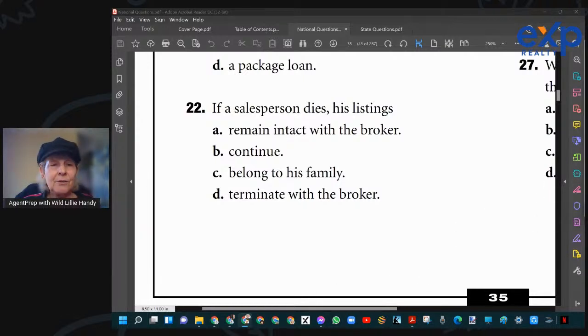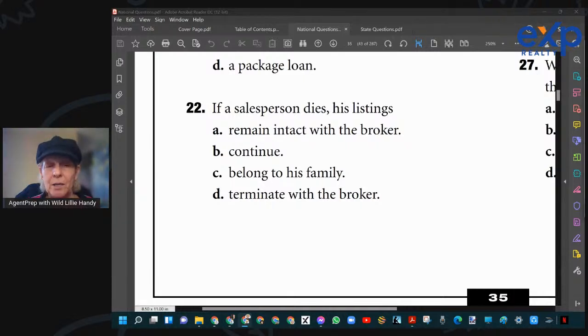All right. 22D, if a salesperson dies, their listing, what happens to it? Okay, ask yourself, who do the listings belong to? Do they belong to the realtor or to the broker? That's the question to be asking yourself.